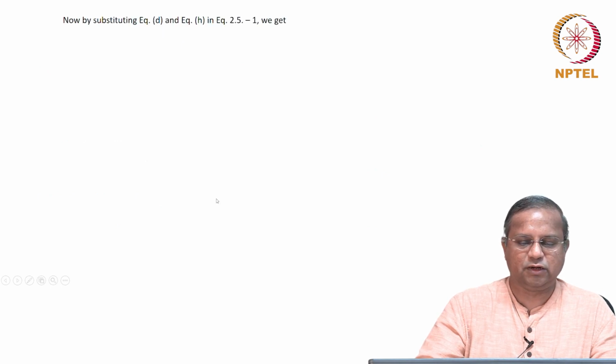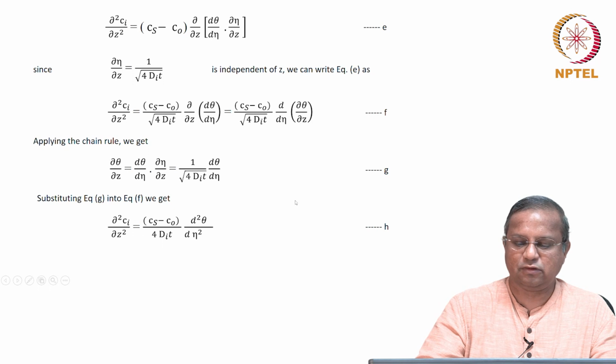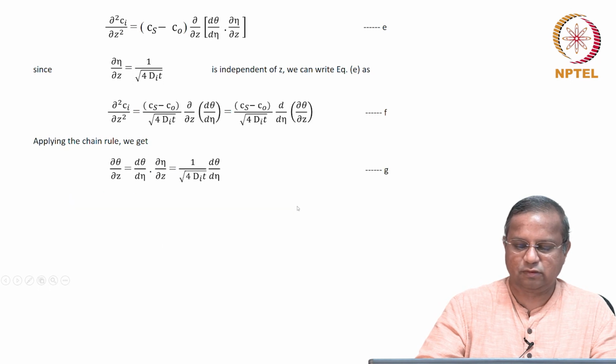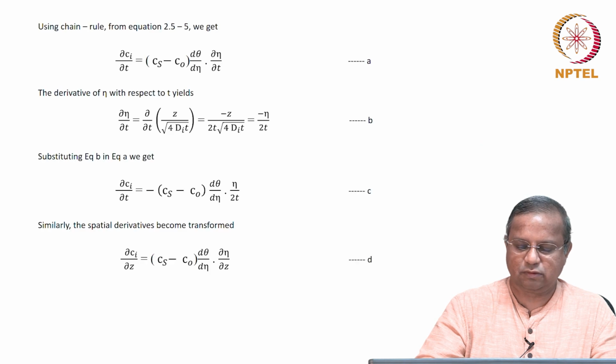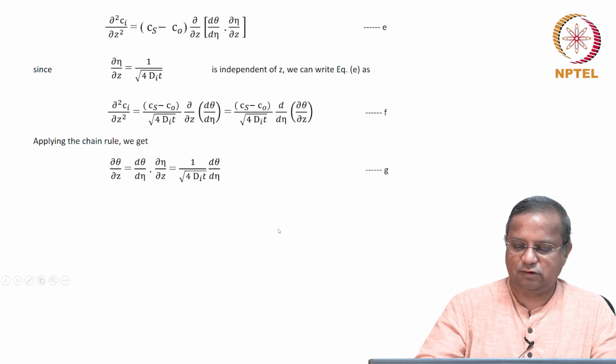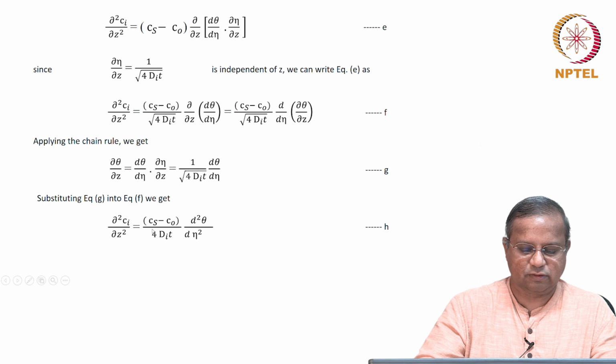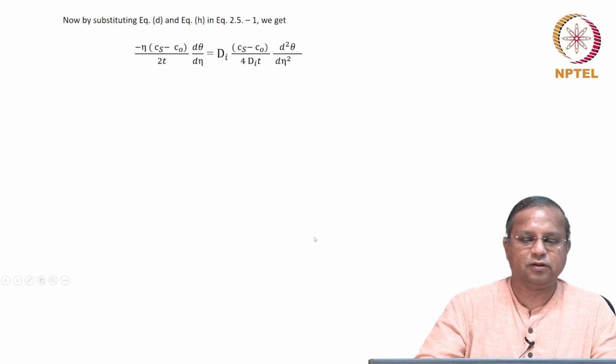Now, by substituting D, which was this expression for dou Ci by dou z, in H, which is this, we get this equation.